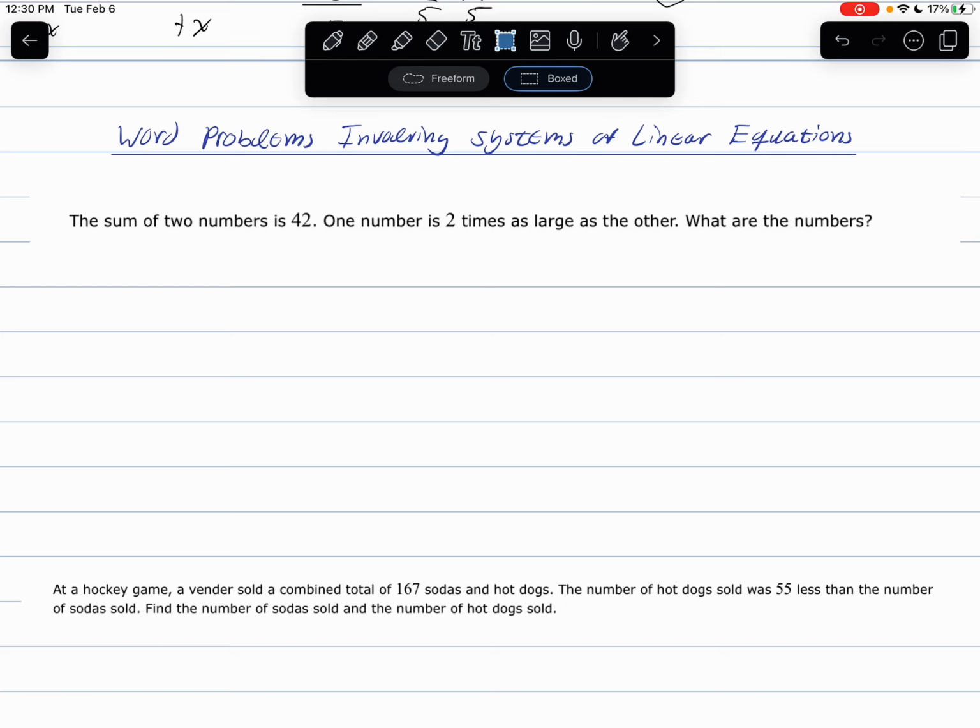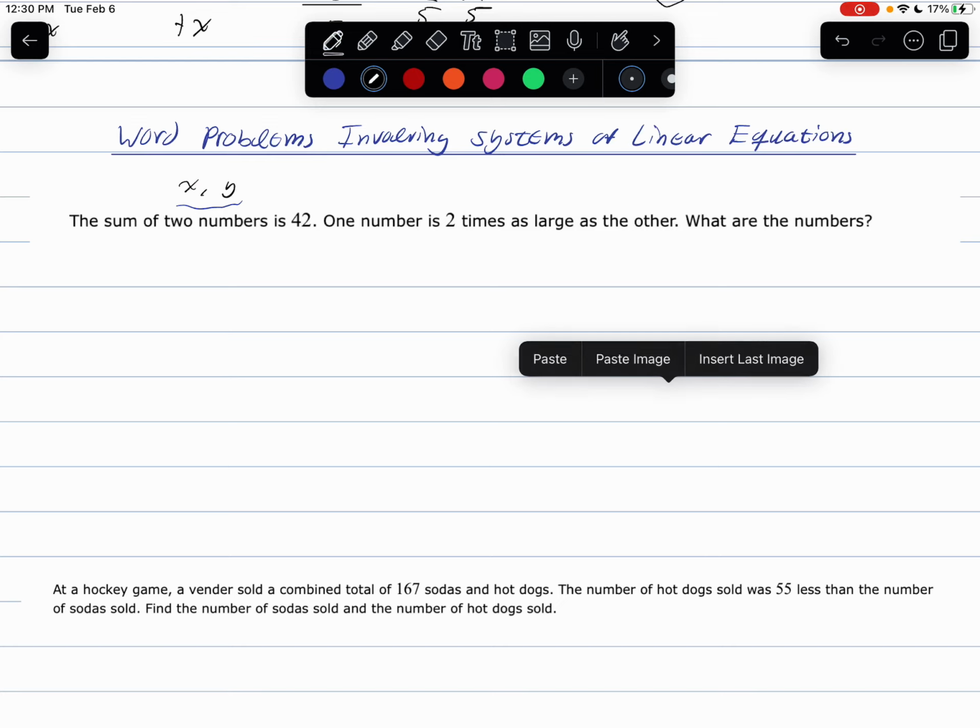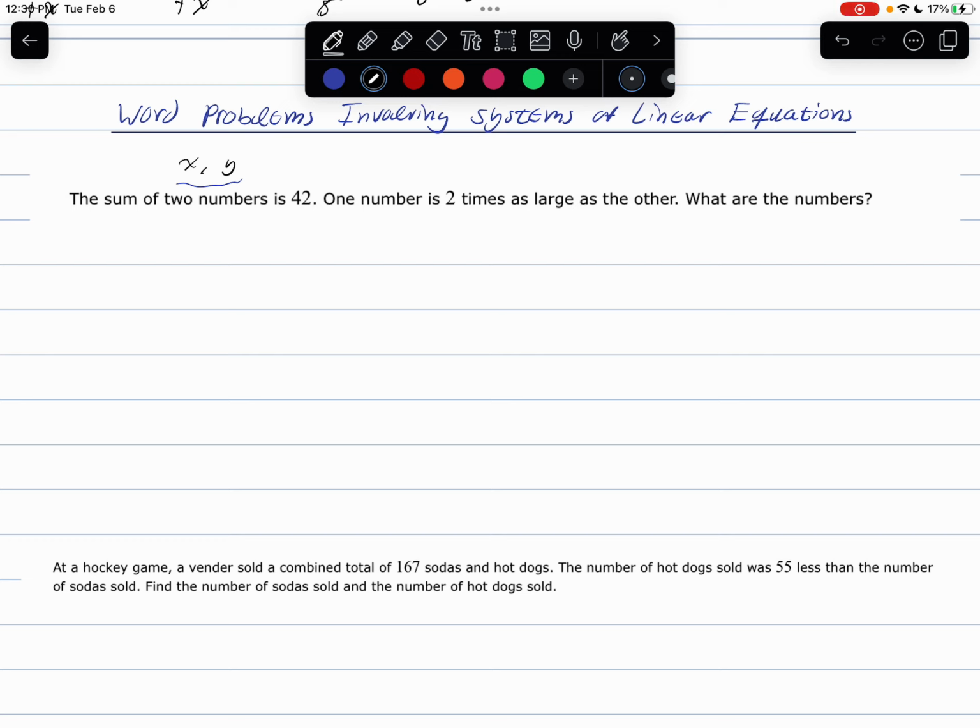If we know the sum of two numbers, I'm going to call these two numbers x and y. Real creative, right? So we know the sum of these two numbers, x plus y, is equal to 42. We also know that one number, in this case x, is 2 times as large as the other.